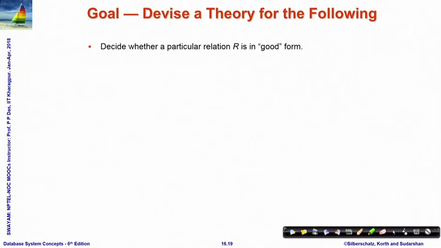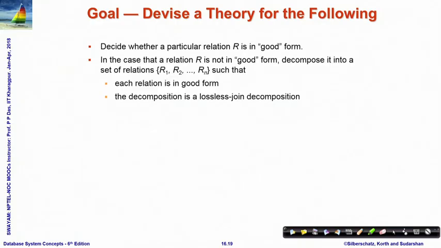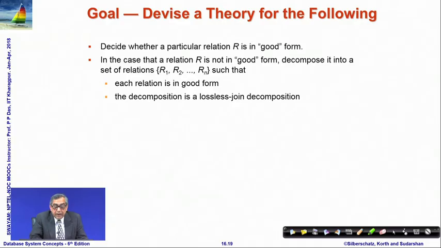Now, to decide whether a particular relational schema is good, we need to check against certain measures, and if it is not good, we need to decompose it into a set of relations R 1, R 2, R n such that these conditions are satisfied.